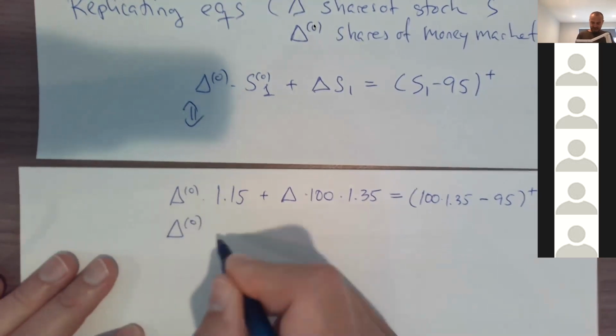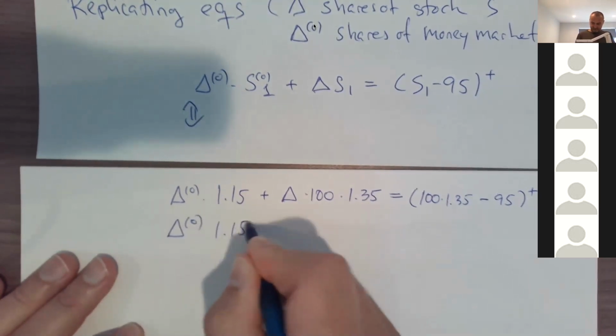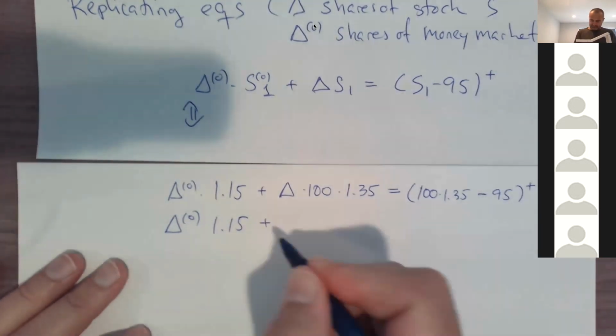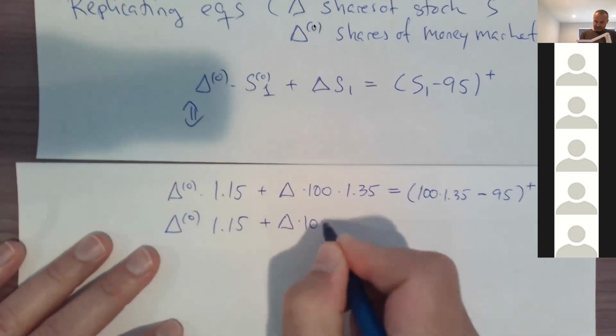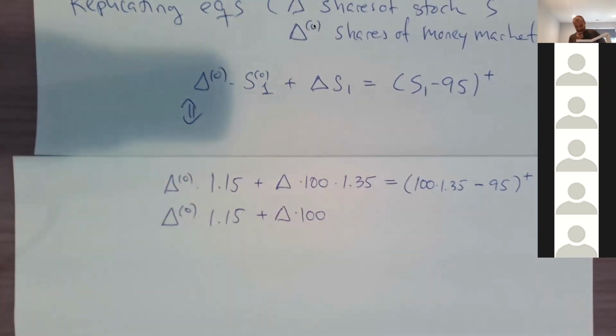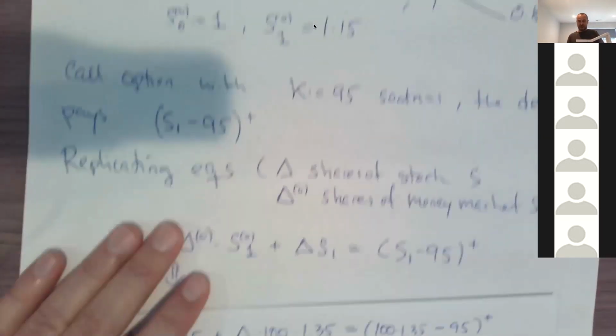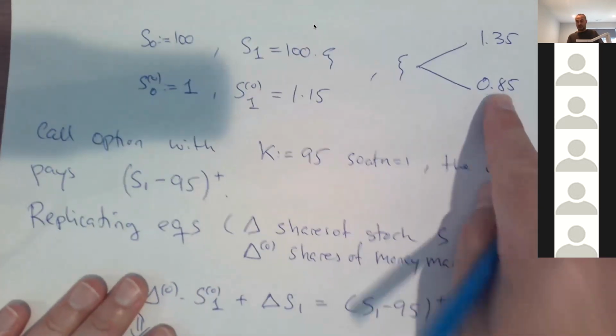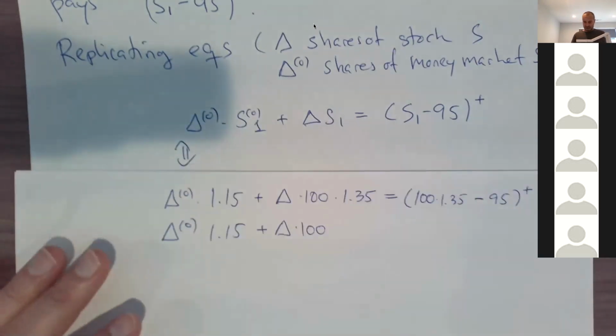For the money market account, it doesn't matter. I always get 15% interest. What matters is what happens to the stock price. Well, if we're in a down situation, then we're going to move down by 15%. So we're going to take 100 times 0.85.